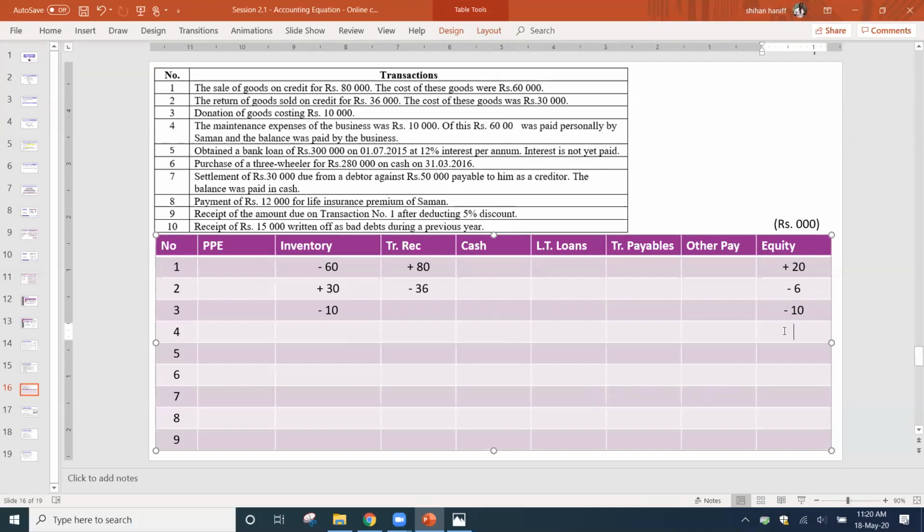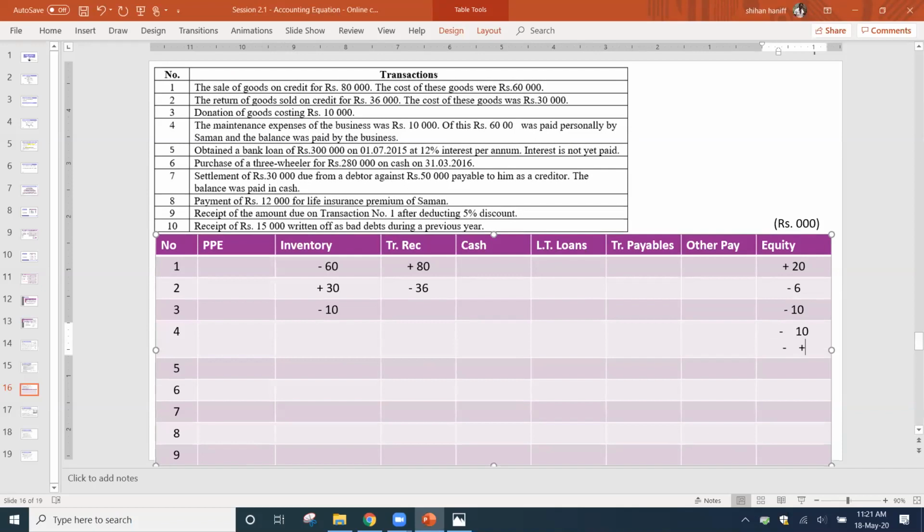So maintenance expense will reduce capital. Maintenance expense reduces capital, and 6,000 was paid personally. So it is an additional capital. Again, capital will increase.